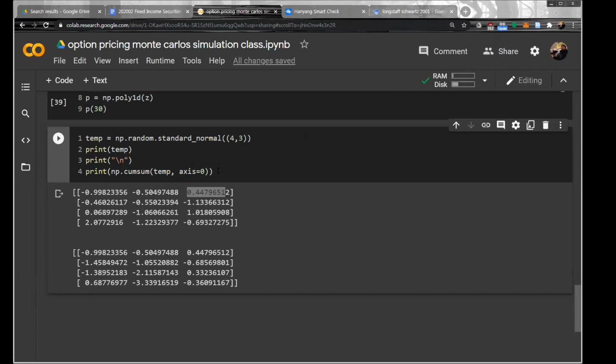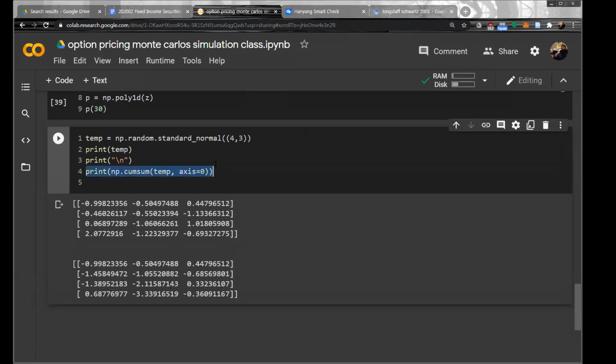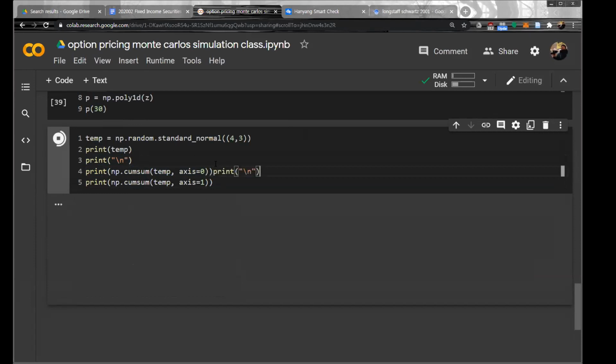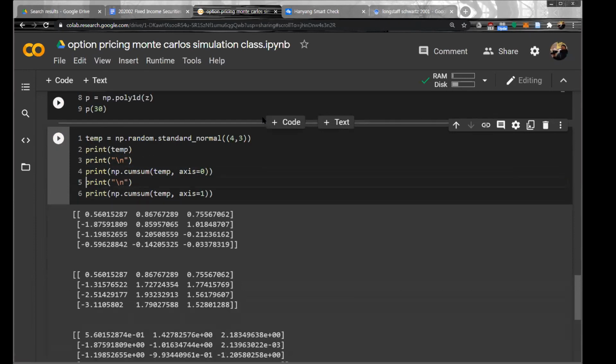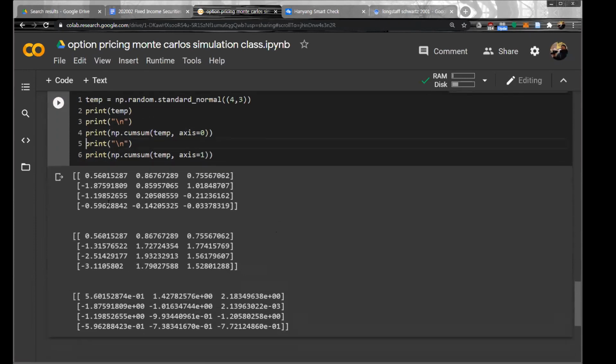Of course, we can make cumsum axis equal 1. Then in this case, we are now adding in the column way. So now we are adding this way.